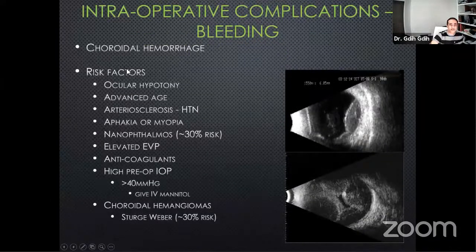What are the risk factors for suprachoroidal hemorrhage? Ocular hypotony for a long time, and a prolonged procedure. I guess, Dr. Mazen, you see that in cornea transplant where you have the open-sky eye. When you have an open globe for a long time, it's a risk for suprachoroidal hemorrhage. Yes.